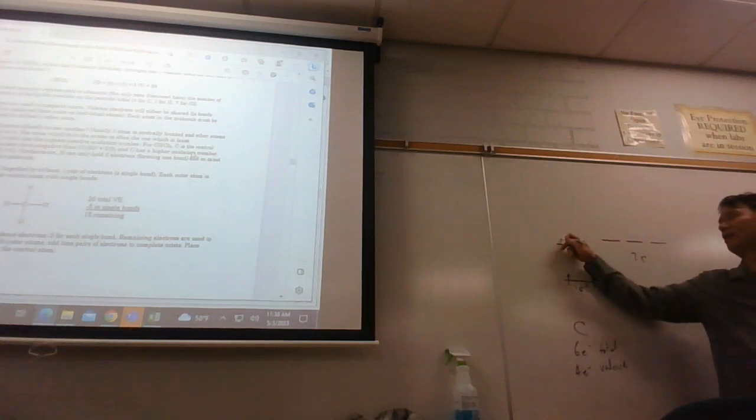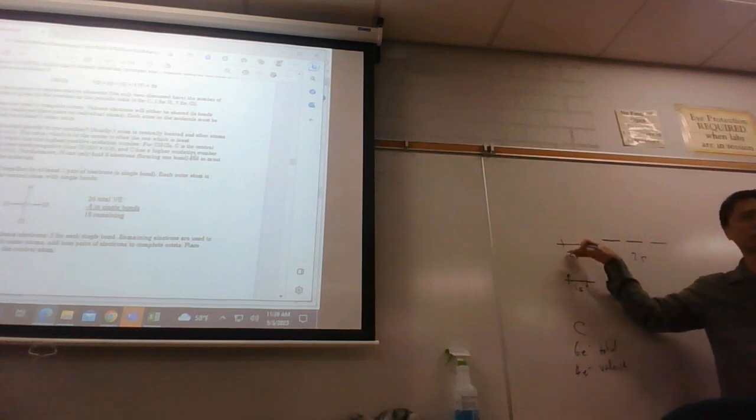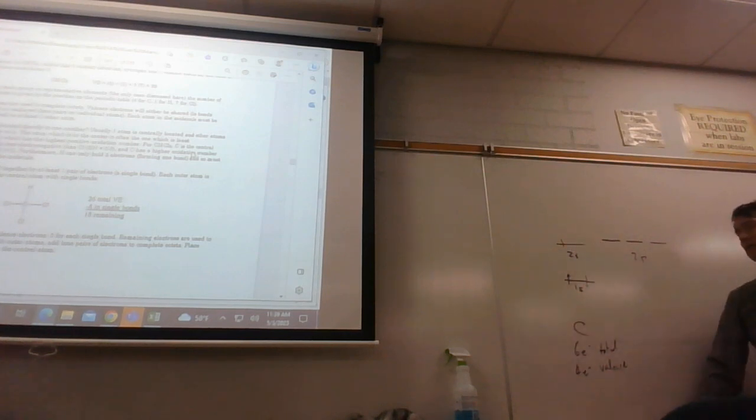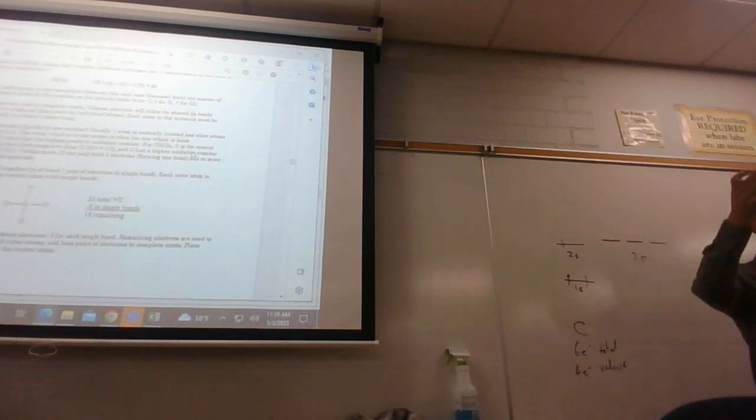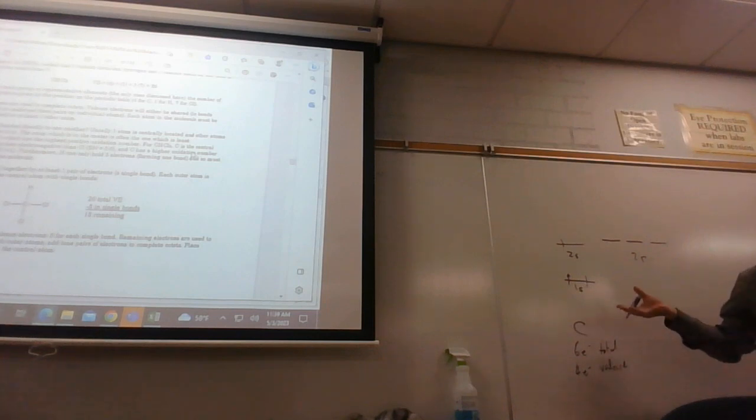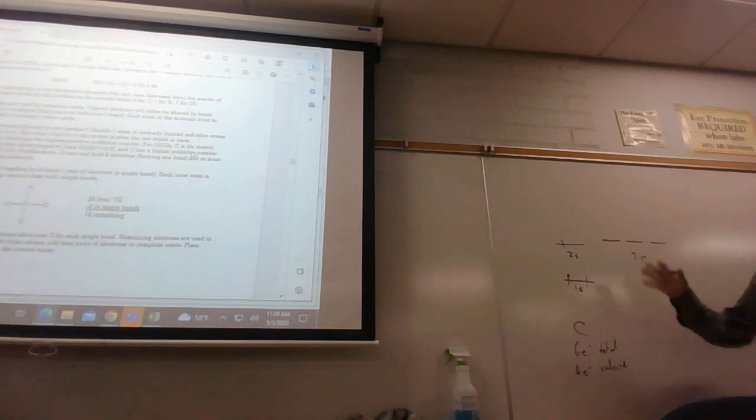And the 2s, because I want to adhere to the Aufbau principle. Aufbau is fill the lowest energy first. Now, does it matter if it's spin up or spin down? It doesn't matter, because there's no gravity here, there's no ground here, and so you're just out in space.